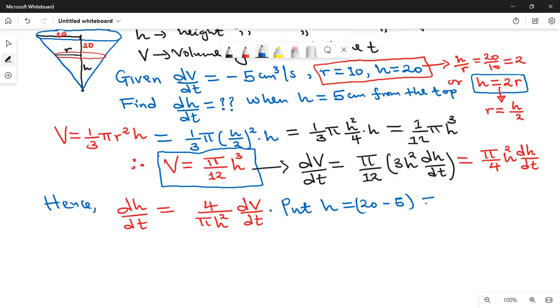So in this case, h must be 15 centimeters. H is 15 centimeters now from the vertex.